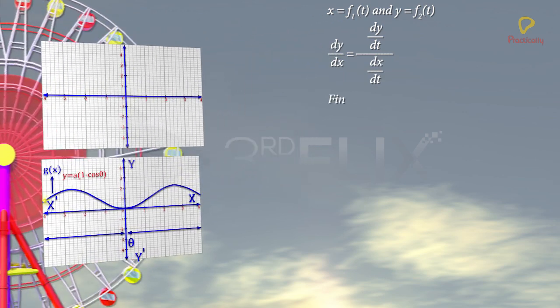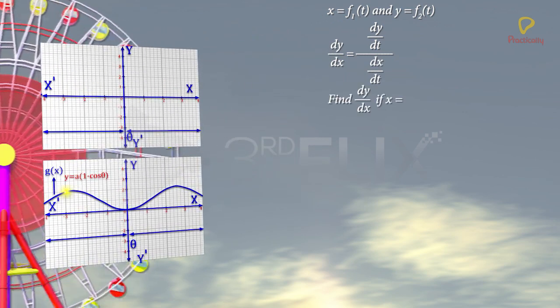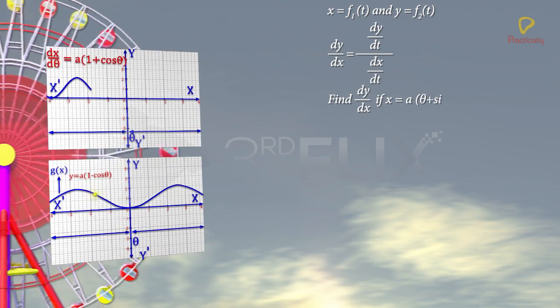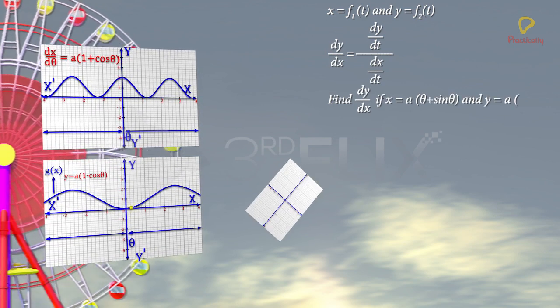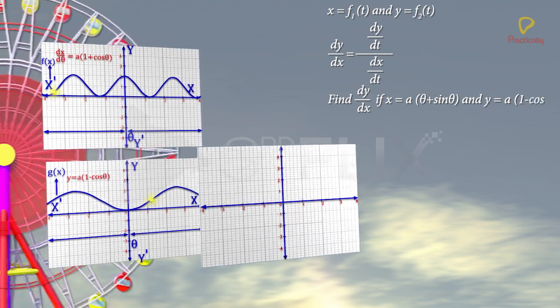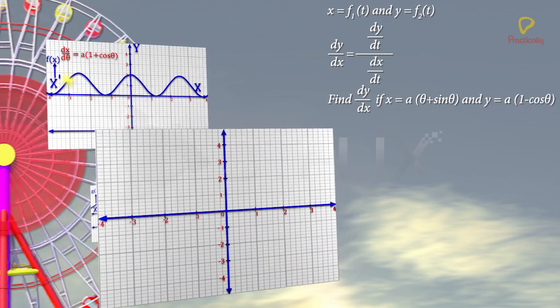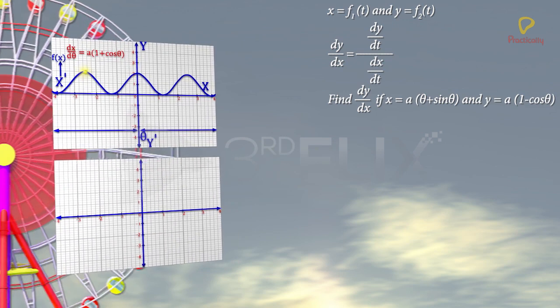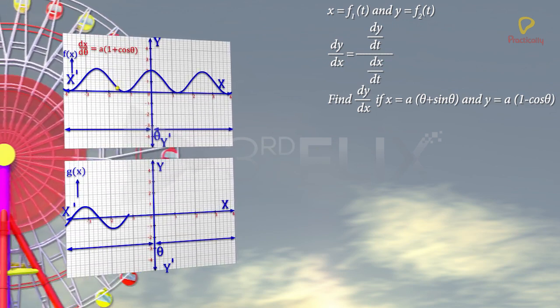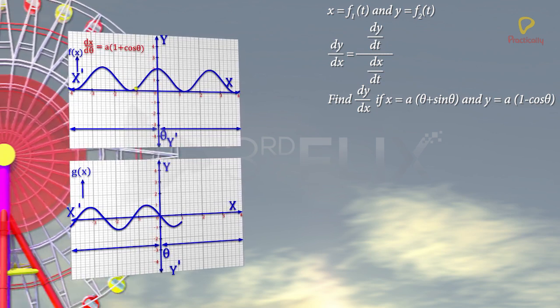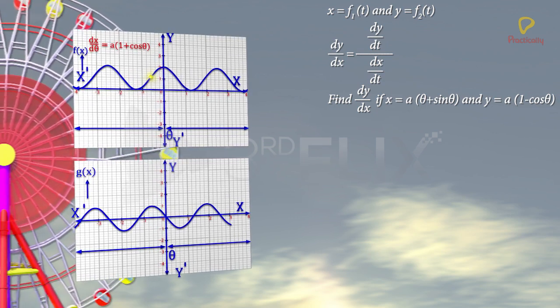Find dy by dx if x is equal to a multiplied by theta plus sine theta and y is equal to a multiplied by 1 minus cos theta. So, to find dy by dx, first find dx by d theta and dy by d theta from the given equations.